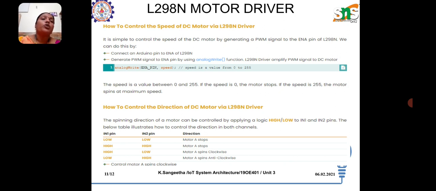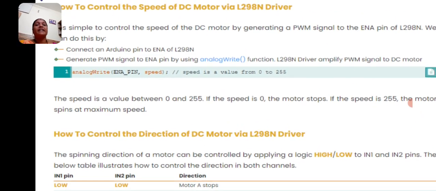The L298N is the motor driver. It is simple to control the speed of the DC motor by generating a PWM signal to the ENA pin of the L298N. We connect an Arduino pin to the ENA of the L298N.